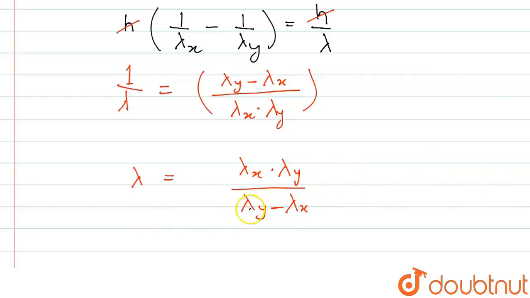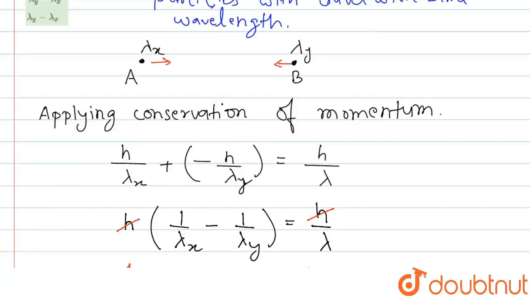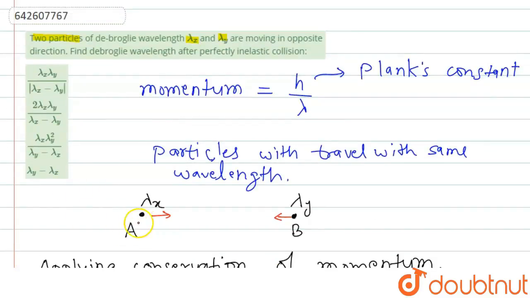Now here we see that in the bottom part we are taking difference, lambda y minus lambda x, and we have assumed that particle A is moving in this direction and particle B is moving in this direction, and we have taken lambda x and lambda y.